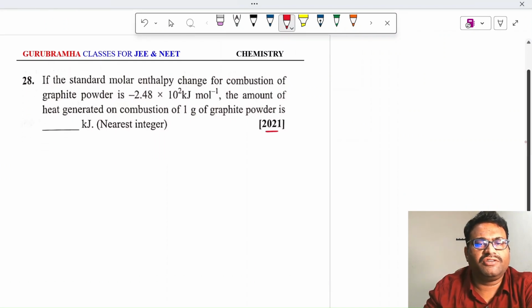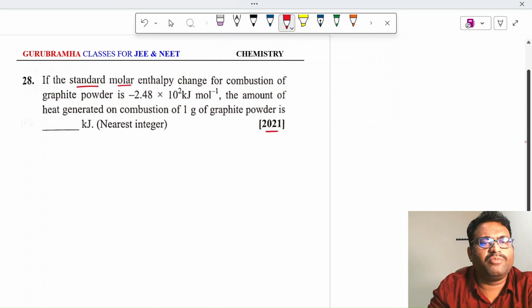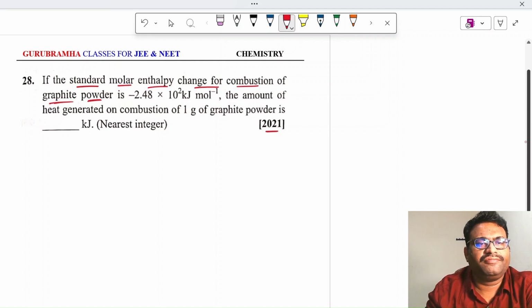Answer will be 667. Okay, let us see the next question. Question asked in 2021. Similar type of question. The standard molar enthalpy change for combustion of graphite powder is given as minus 2.48 into 10 power 2 kilojoule per mole.